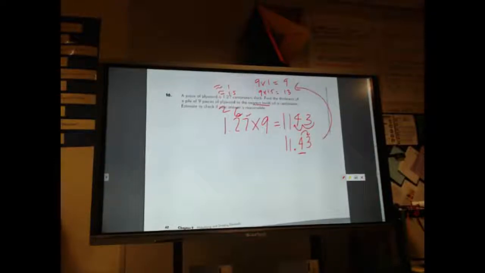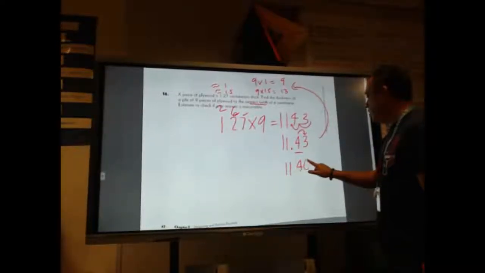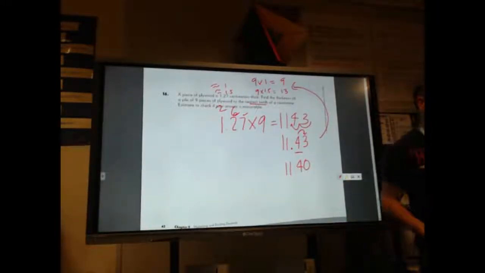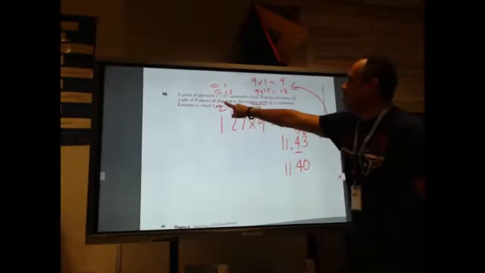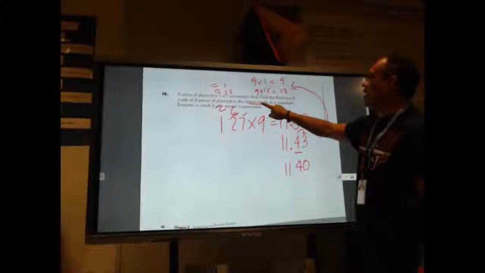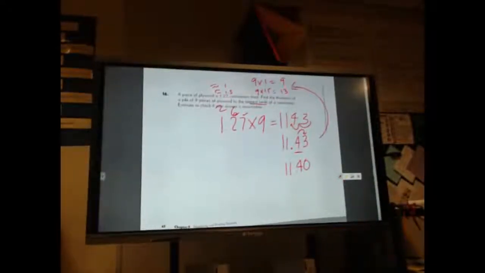That means my tenth is going to stay the same, and everything else is going to turn into a 0. All right, so I have 11.40, right? So that means that I'm going to have a thickness of 11.40 centimeters.